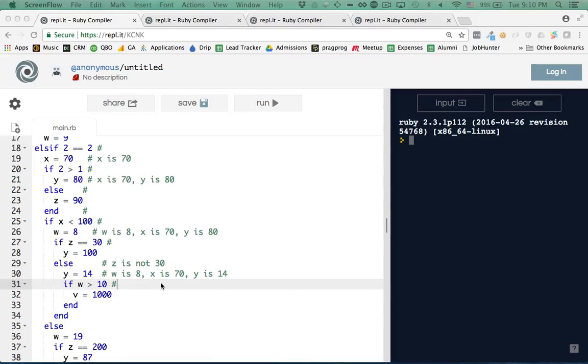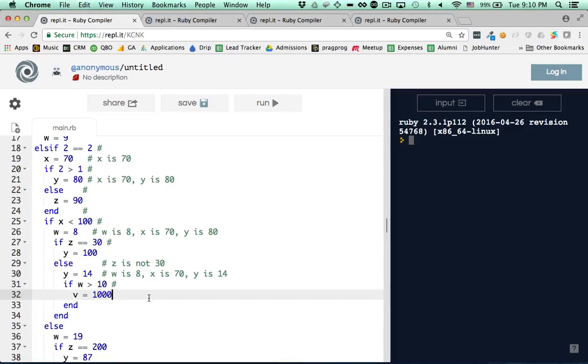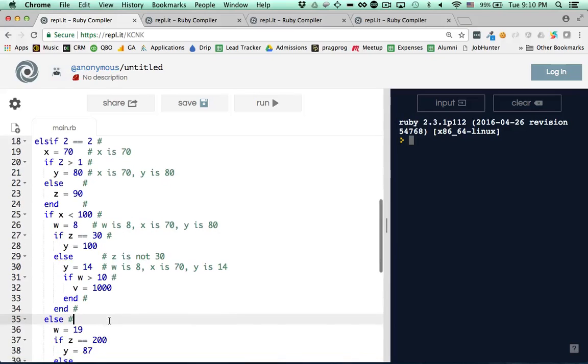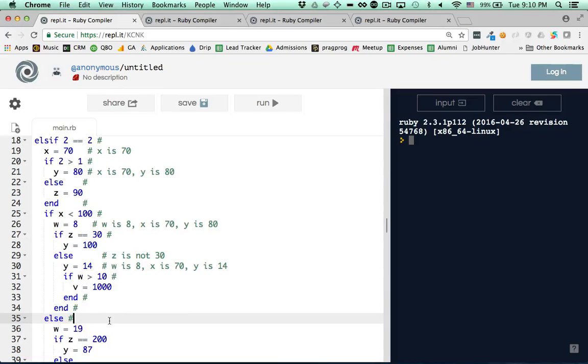If w is greater than 10, is w greater than 10? It's not. So what line processes next? 33 sounds about right. And then what? What's the next line? 34. What's the next line? 35. What's the next line? So where does this else go back now? Let's translate this else. What does this else represent? Else what? Yeah, let's say it louder.